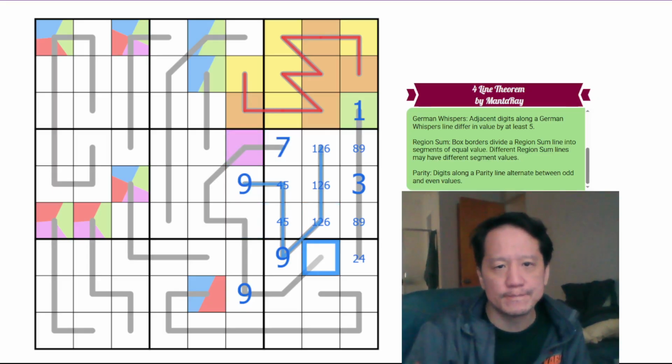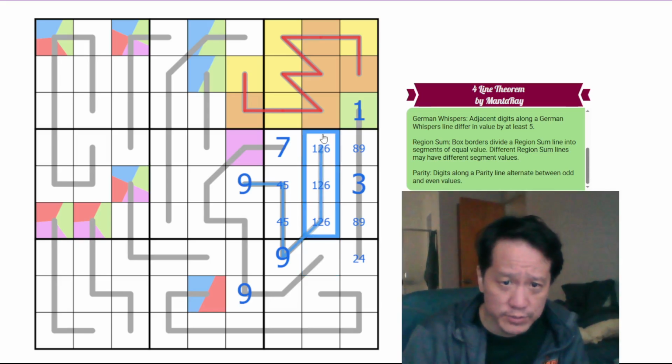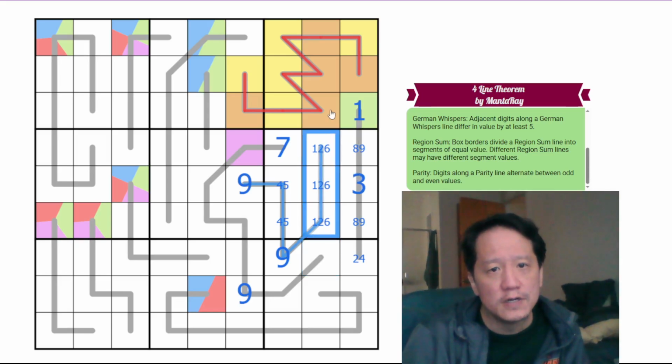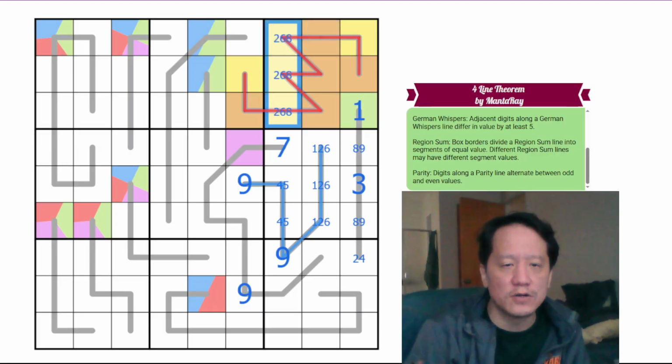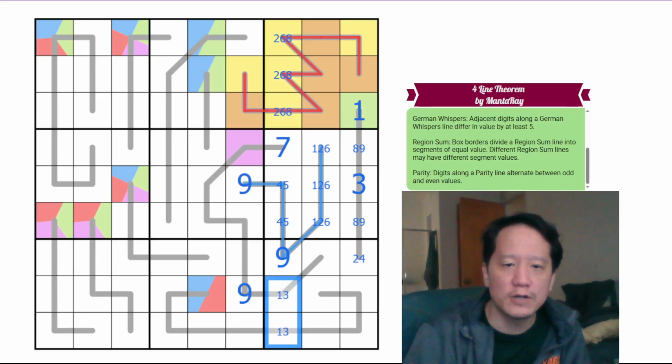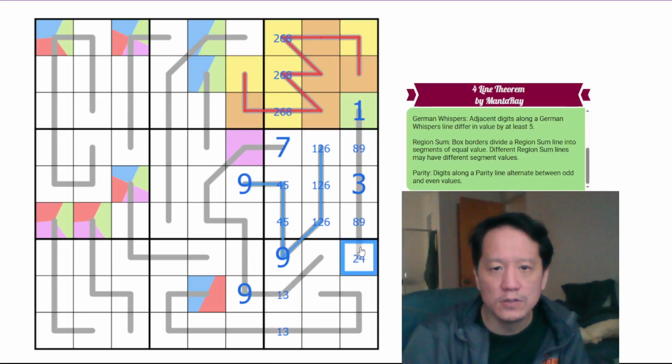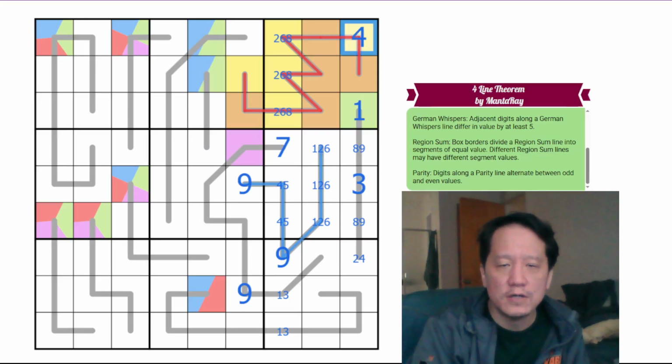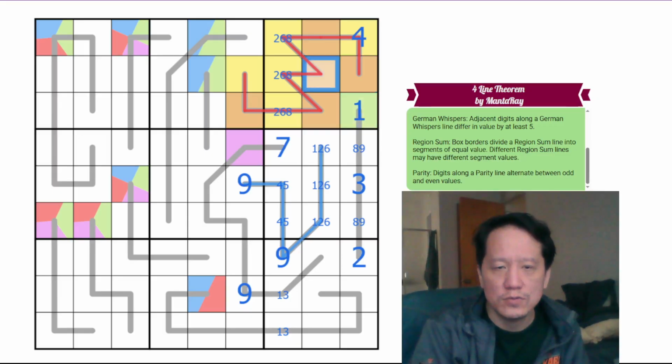Okay. So this is 1, 2, and 6. Then this would have to be all odds. So this would have to be all evens. So we'd have 2, 6, 8 there. That would leave this as a 1, 3 pair here. This would have to be 4 as the only even digit, so that's 2.